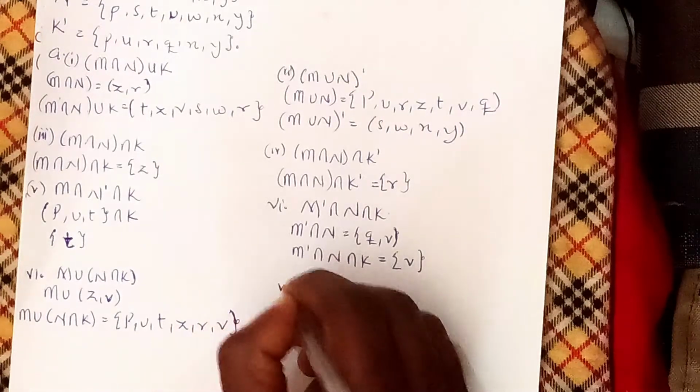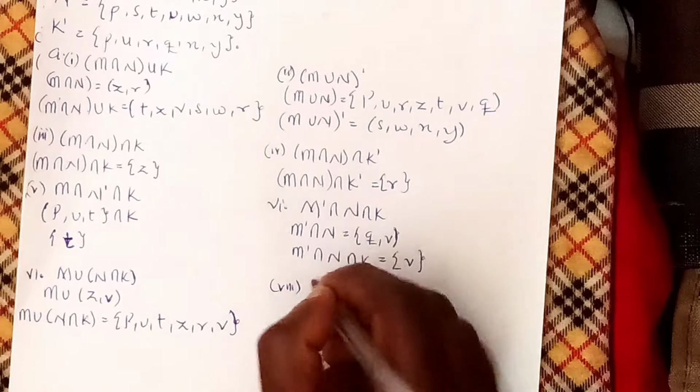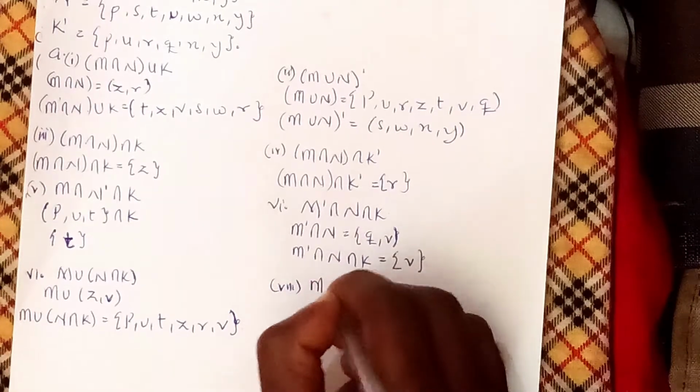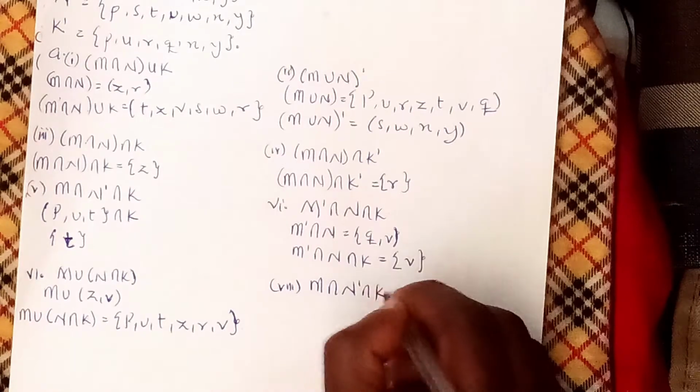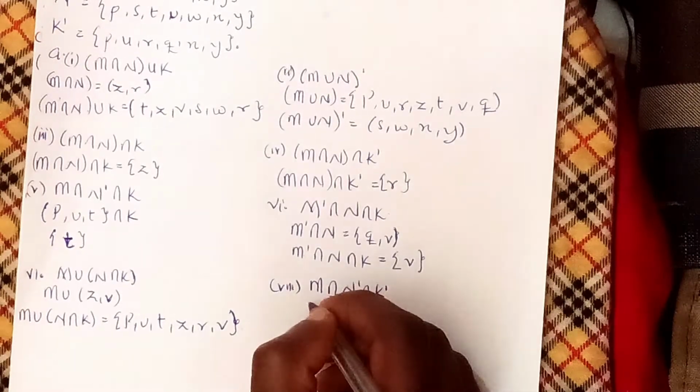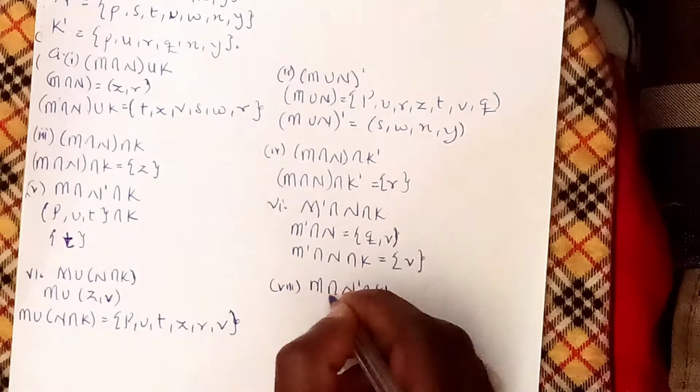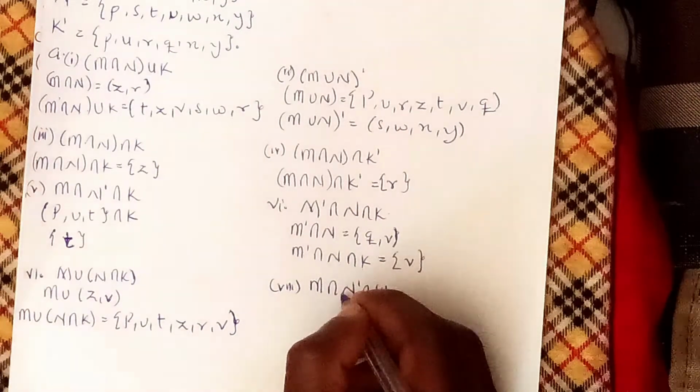Let's move on to Venn I. M intersection N prime intersection K prime. So let's find M intersection N prime.